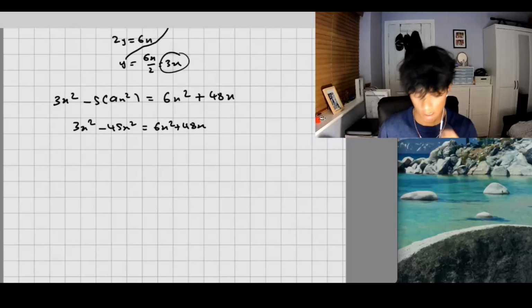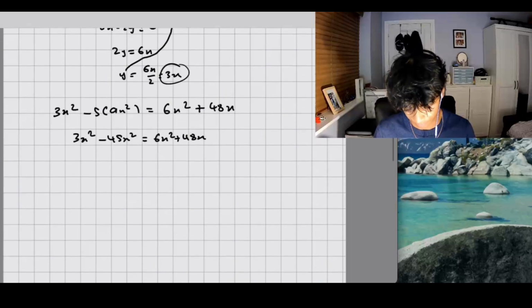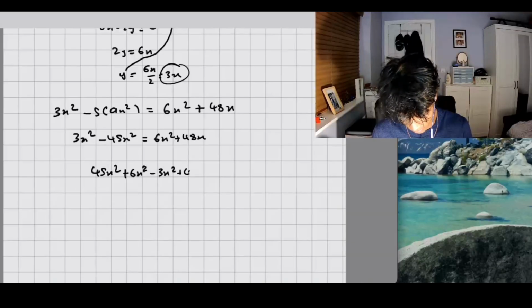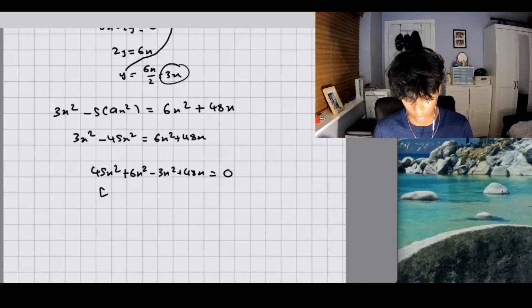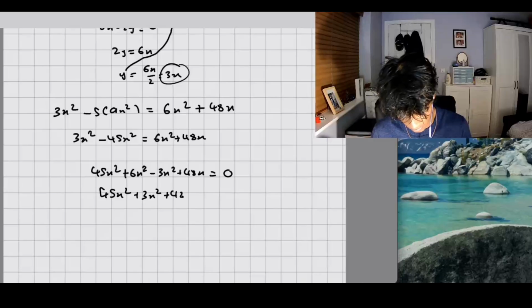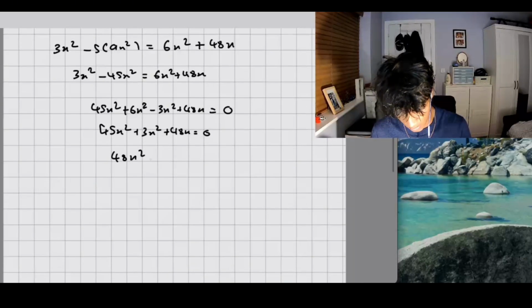And from that, it's a quadratic. So let's do this. So 45x squared plus 6x squared minus 3x squared plus 48x equals 0. So 48x squared plus 48x equals 0.